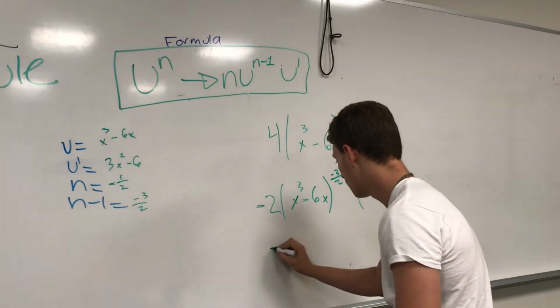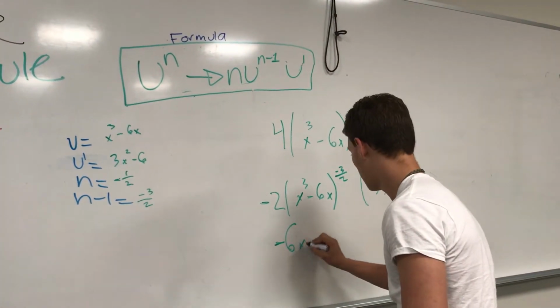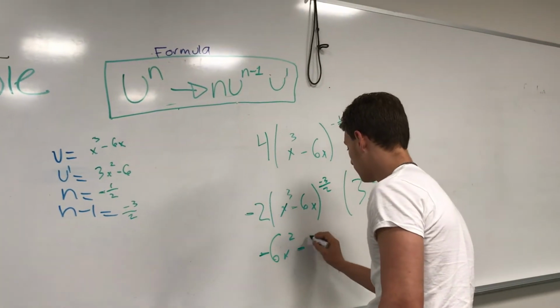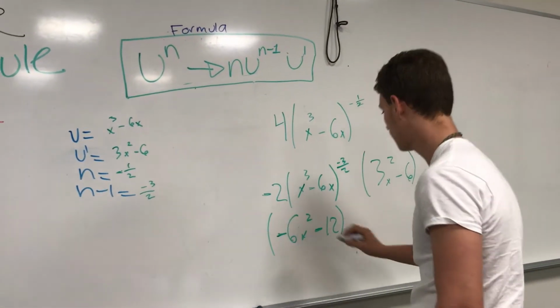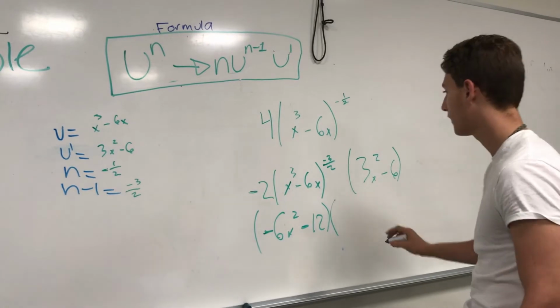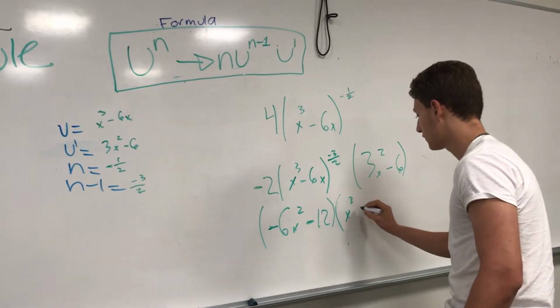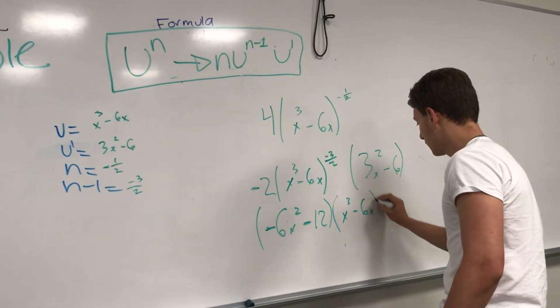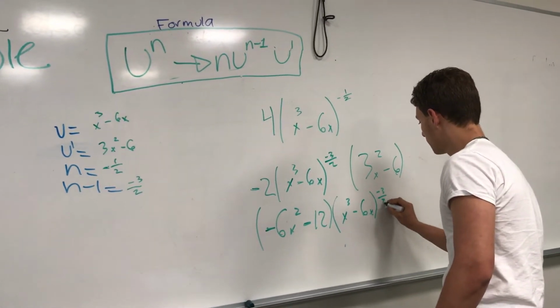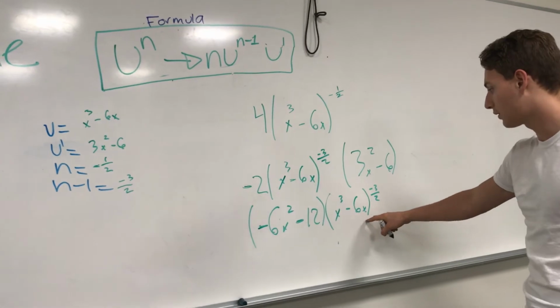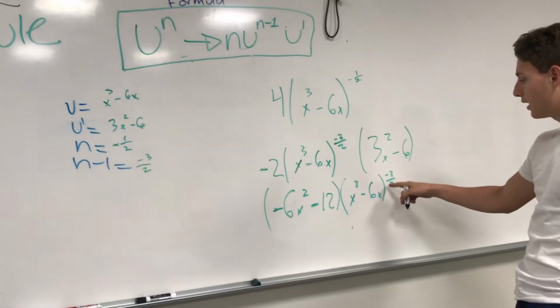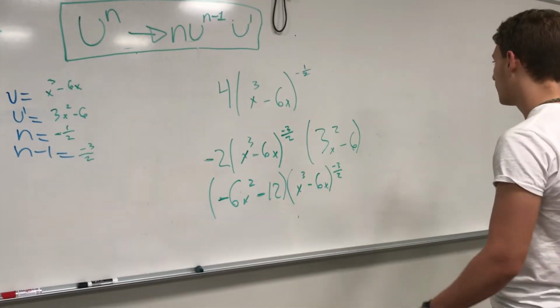which will bring us to minus 6x squared minus 12, parenthesis, and times u, which is x cubed minus 6x to the minus 3 out of 2. And we cannot leave it like this, because this is minus.